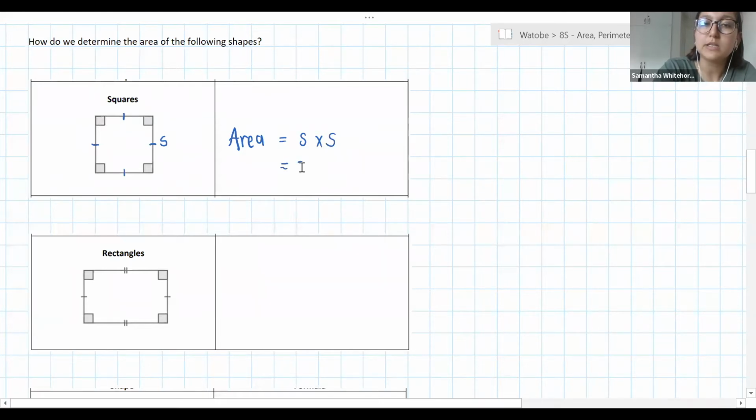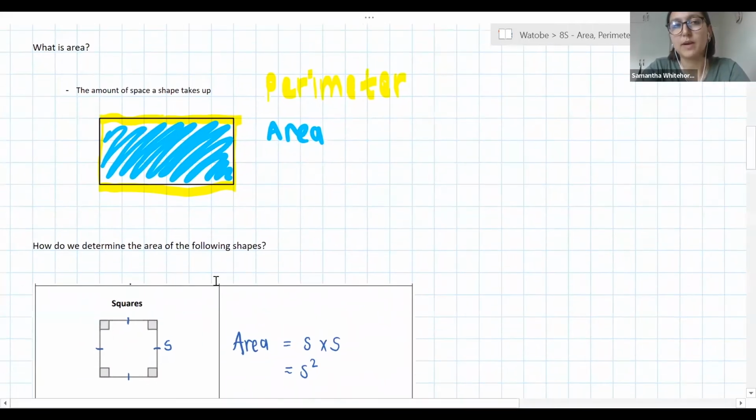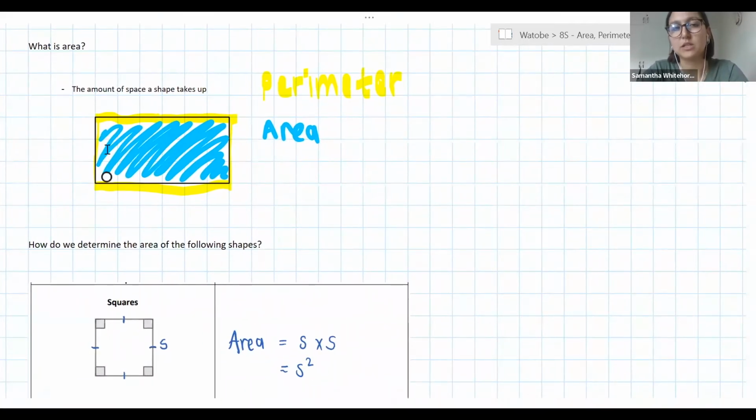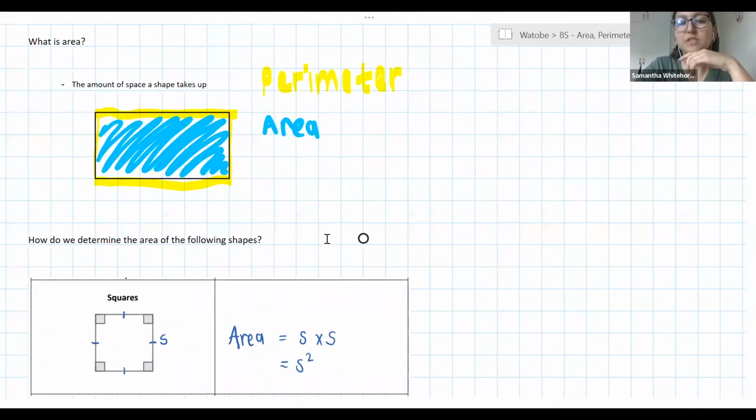You could write this as side squared because it's two of the same variables being multiplied together. Just there was a question to go back to this question, so just in case you want to take a screenshot. But the area of a square is side times side. Just going to give everyone a chance to screenshot what they need.